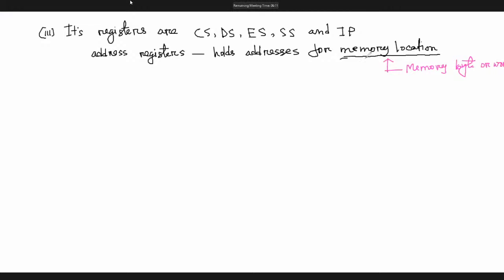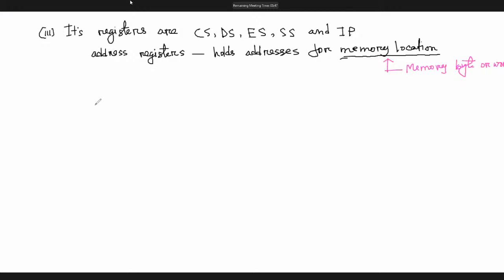Okay, is that clear? I think so. So the registers are CS, DS, ES, SS, and IP. These are address registers. So how many address registers? 5 address registers there. And all address registers hold addresses for memory location. They are not storing the data. They are storing the addresses of the data, where the data is stored. That information.